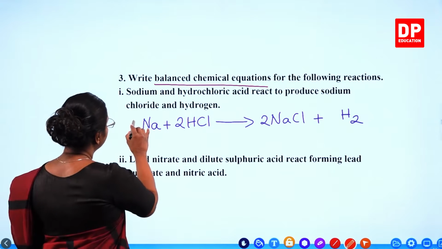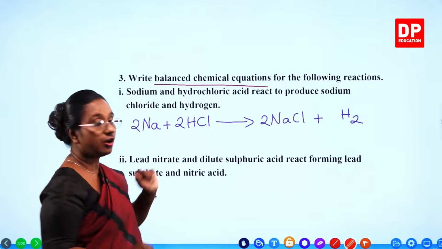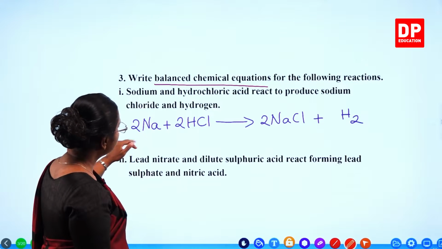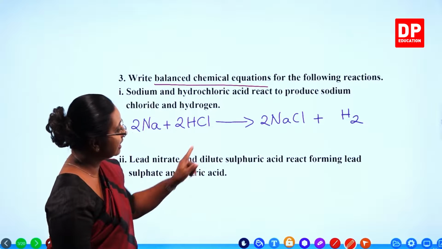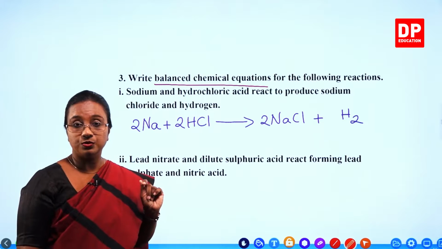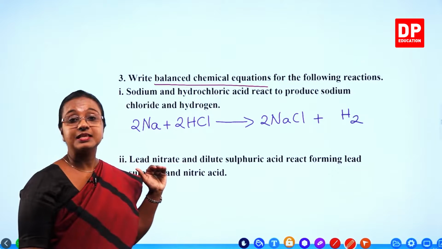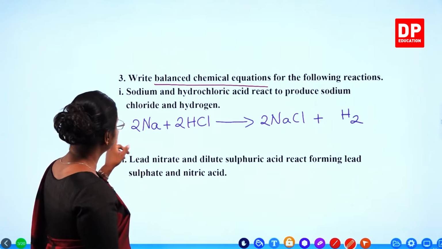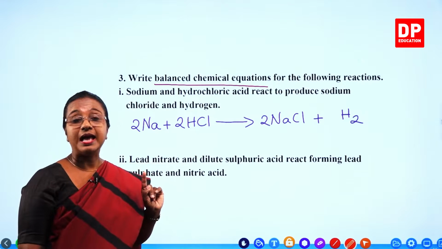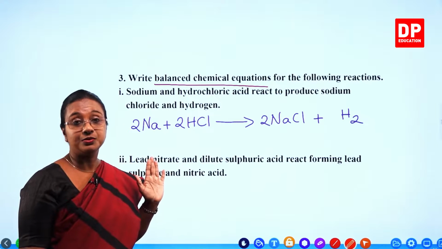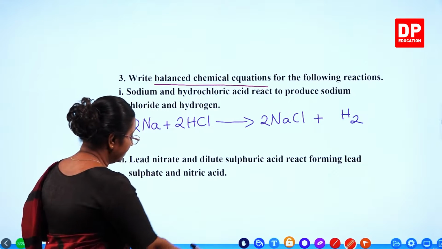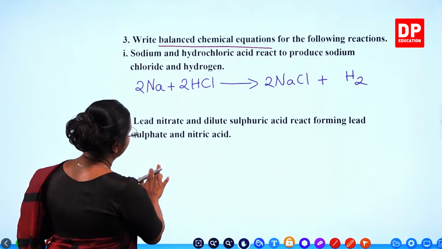So you need to put a 2 here in front of sodium. 2 sodium, 2 HCl gives rise to 2 NaCl and 1 H2. That is the balanced chemical equation for the reaction between sodium and hydrochloric acid. Is that okay? So then we will answer the next one.